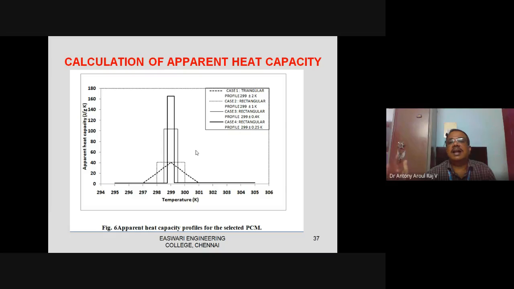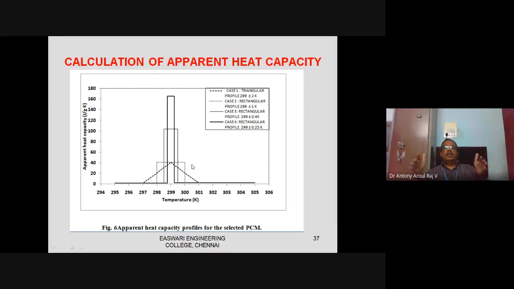For any material, the latent heat will be the same. But for the apparent specific heat, you have to mind the temperature range. If the temperature range is more, your specific heat will come down, because specific heat is equal to latent heat divided by temperature range. When the temperature range is more, automatically your specific heat will be lower.